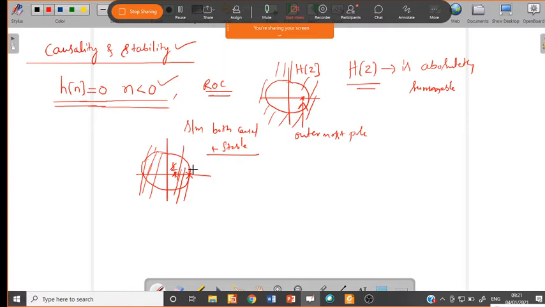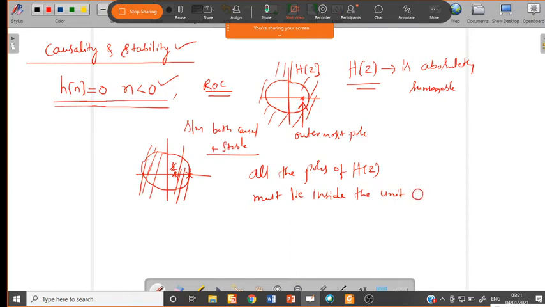So indirectly we can say all the poles of h of z, or the transfer function, must lie inside the unit circle.